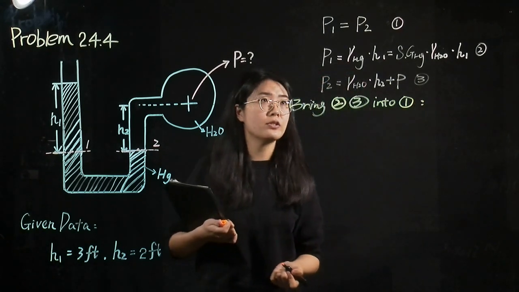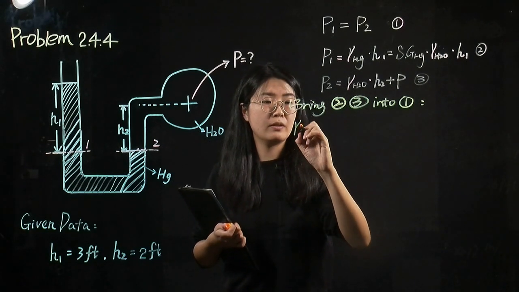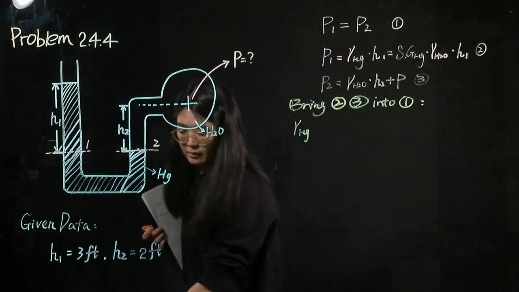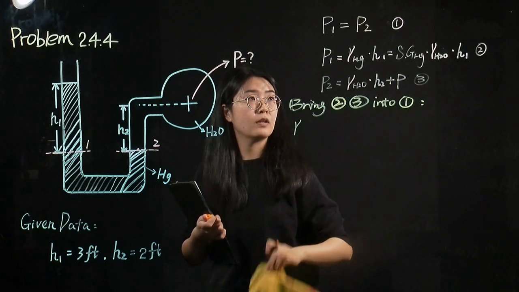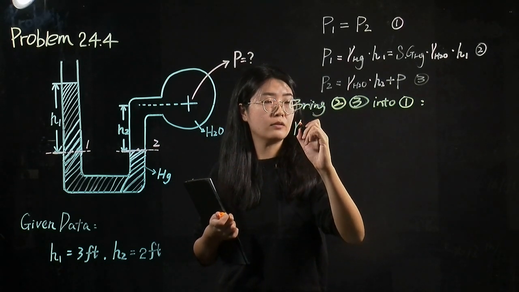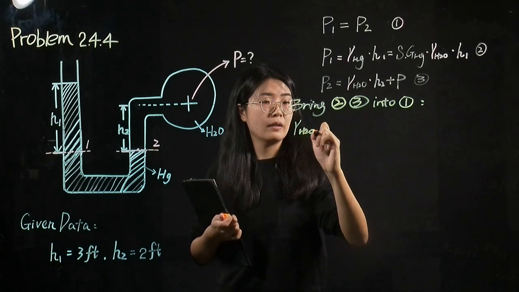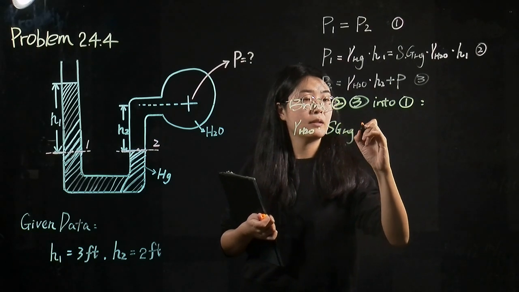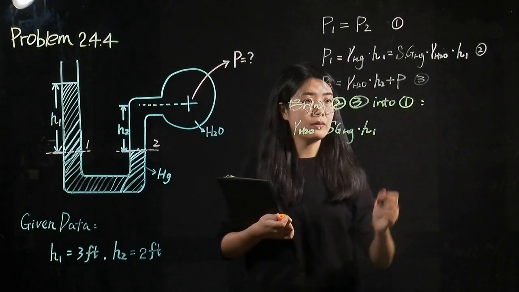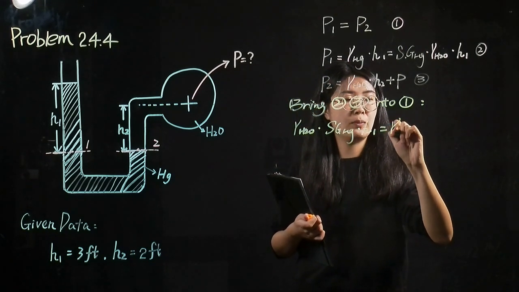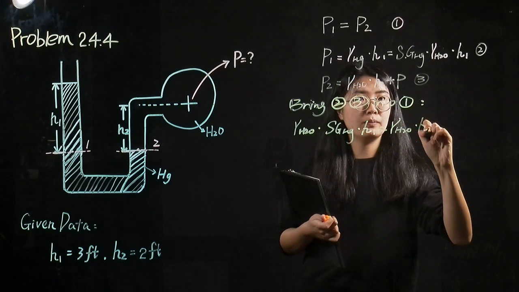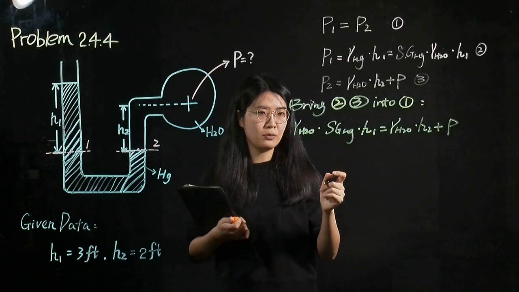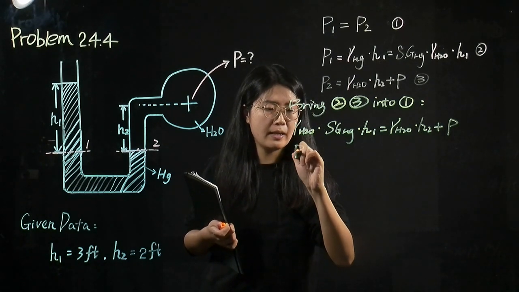We can get an equation like the specific weight of water times the specific gravity of mercury times H1 is equal to the specific weight of water times H2 plus P. Because P is our unknown, we want to put it on the left-hand side.